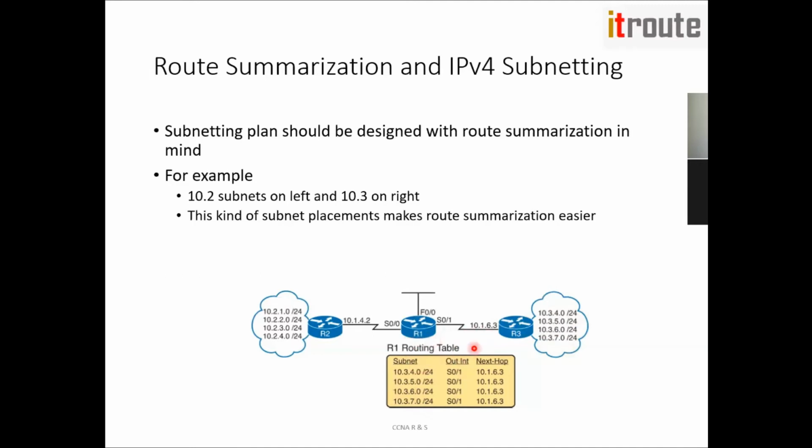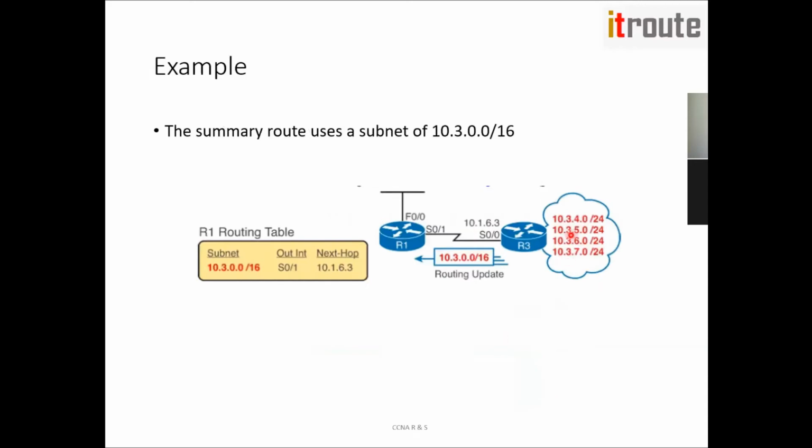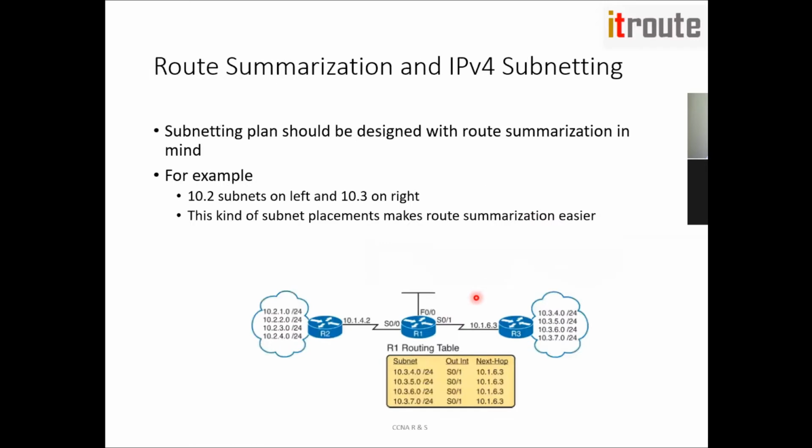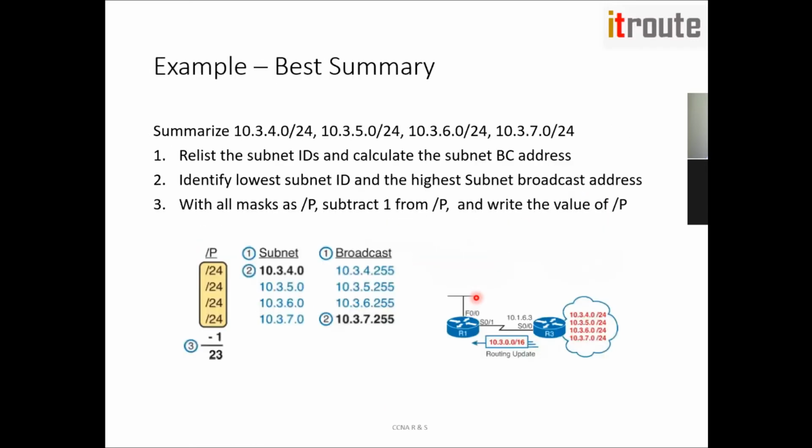But if we do route summarization, then instead of four subnets we'll see only one subnet. This one subnet still contains those four subnets, but it is just a summary route. This is very handy, and we're going to learn how to do route summarization.